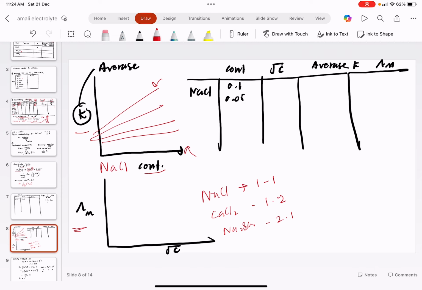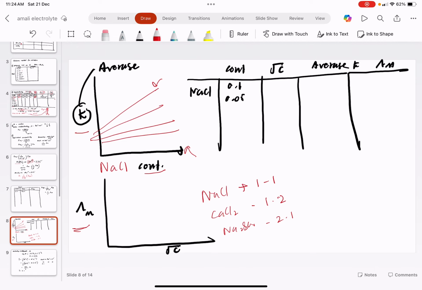Also discuss in terms of concentration, whether a higher concentration gives higher conductivity or lower conductivity. This is what you have to discuss with the molar conductivity.